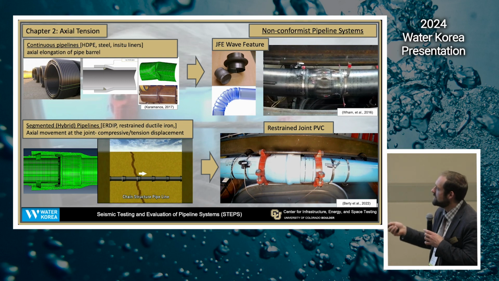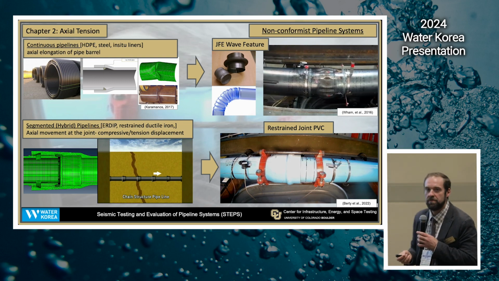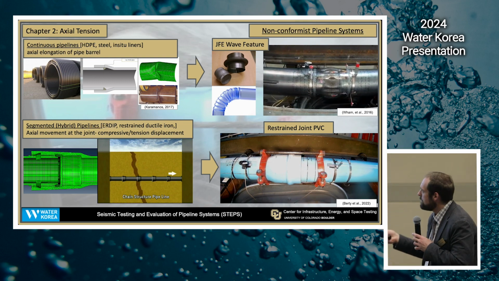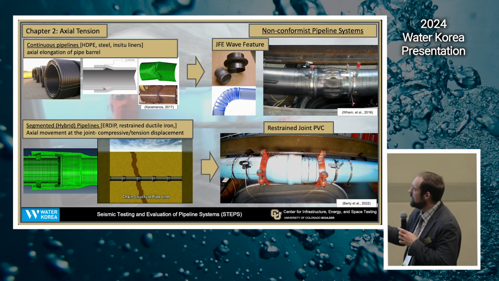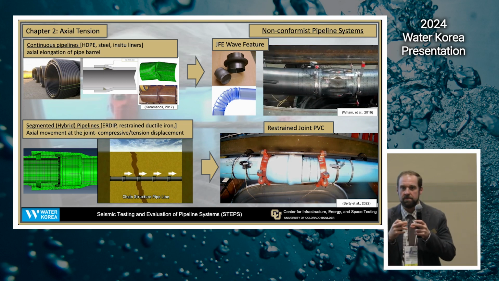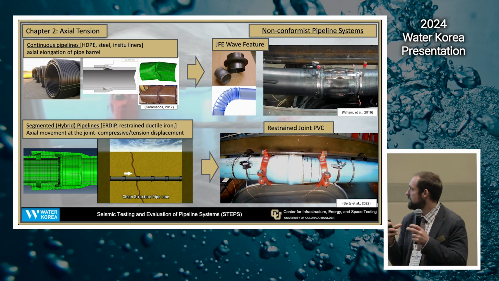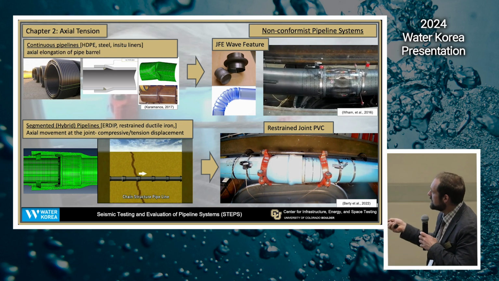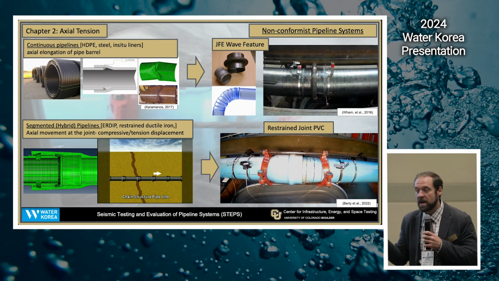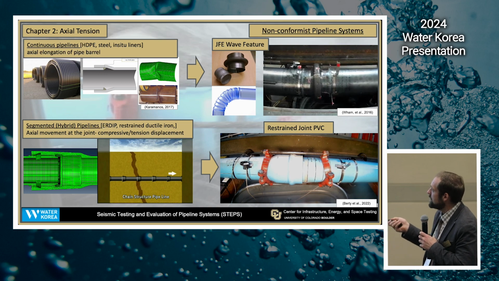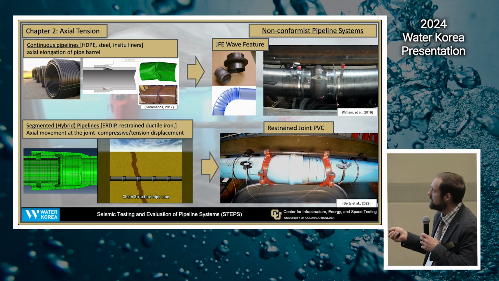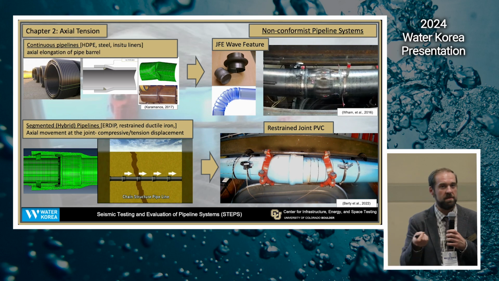Another example that has a combined performance would be this plastic pipe where we're allowing the joint to open a certain amount, maybe 25 millimeters or something like that, and then it locks into place, and then it stretches. And that locking into place both takes into account the deflection in the joint, but also the strainability of the pipe material.